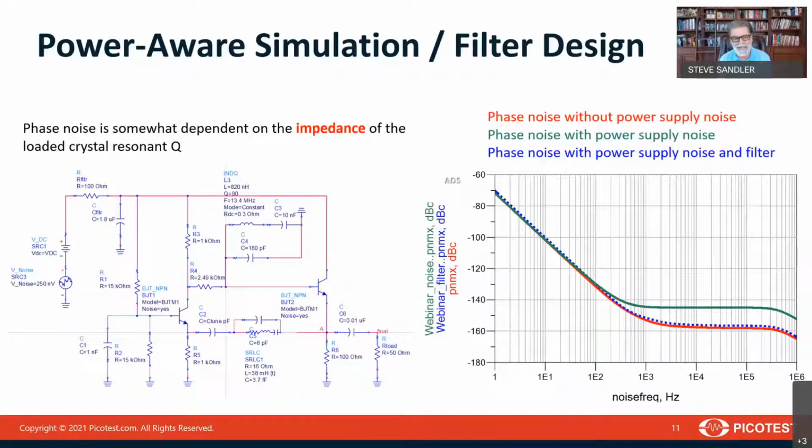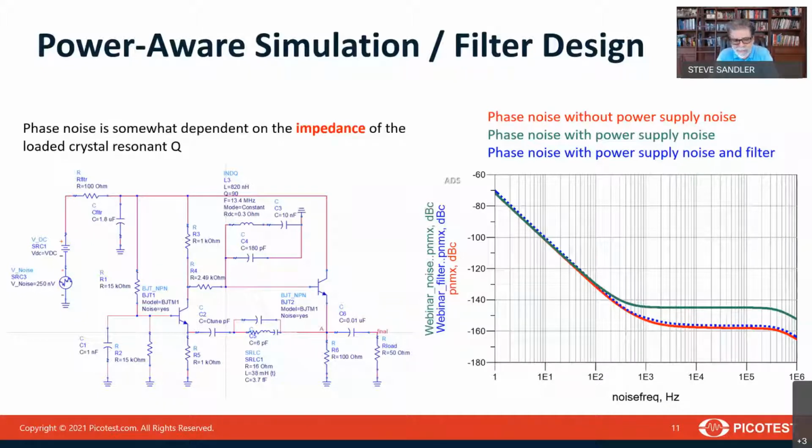In this case, I added power supply noise density of about 250 nanovolts per root hertz, and you can see that the phase noise floor raises from the red trace to the green trace. We increased our phase noise floor by about 15 dB just by adding 250 nanovolts per root hertz to the power supply.